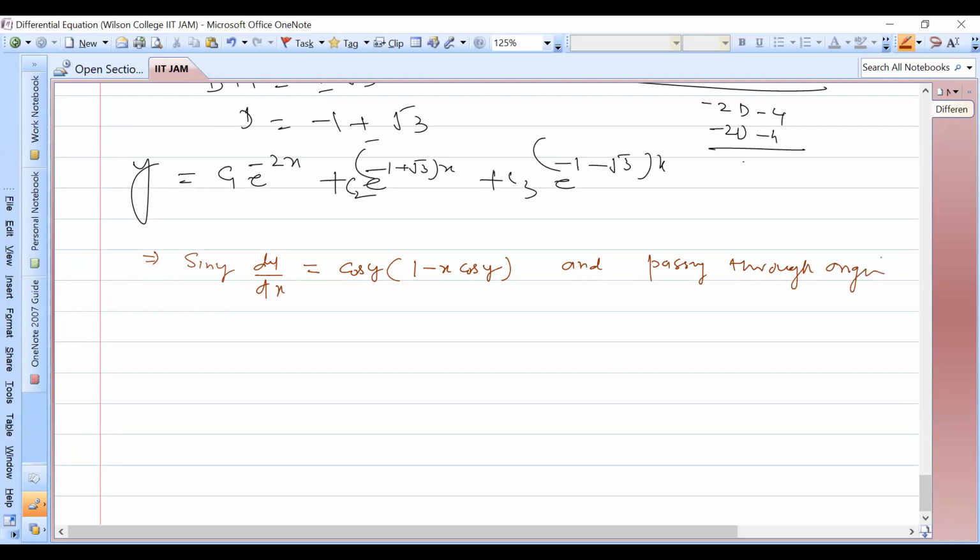So how to solve it? Any idea? Is it linear? Reducible to linear.